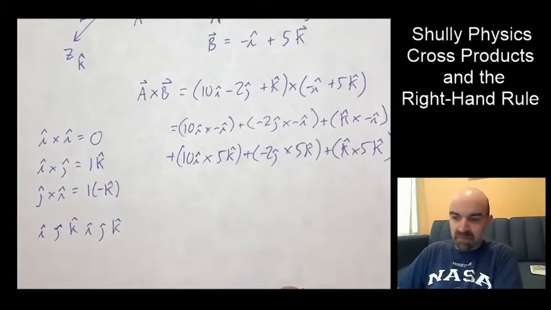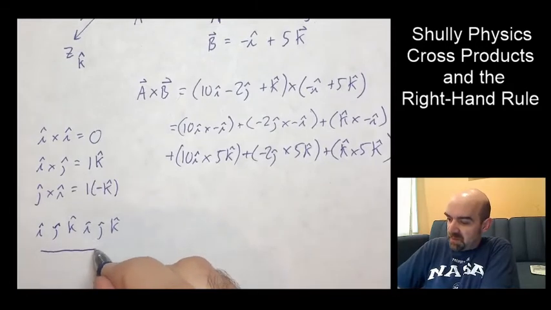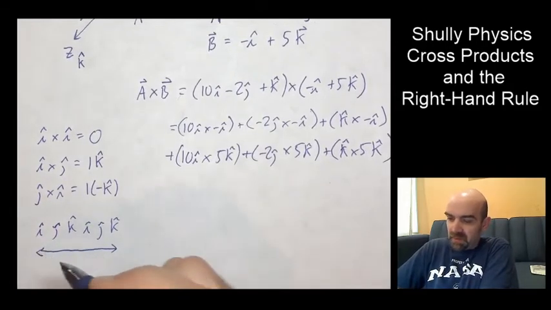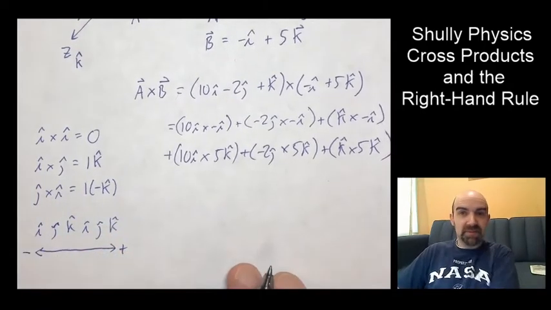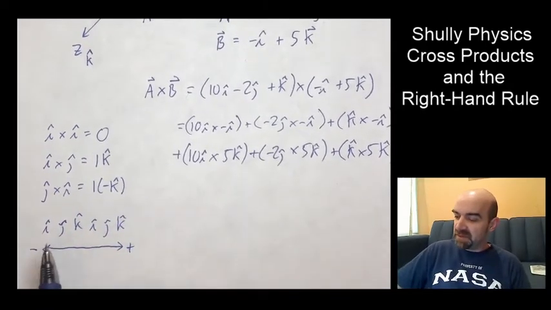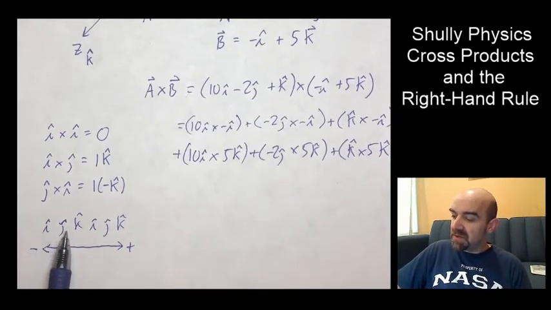Just put them like that. And draw a little arrow underneath with heads at both directions, with the positive on the right and the negative on the left. All right. So here's what you do. If you've got i cross j, i cross j is k, and that's all in the positive direction.